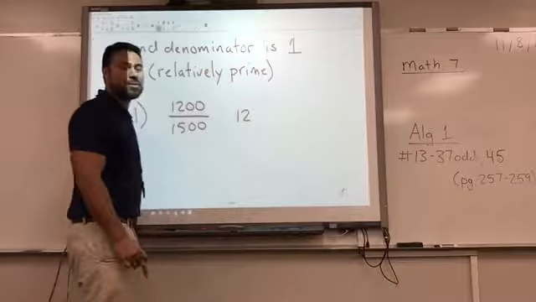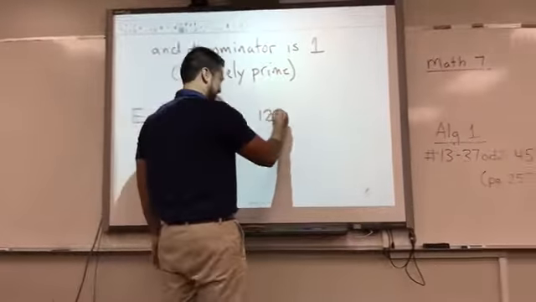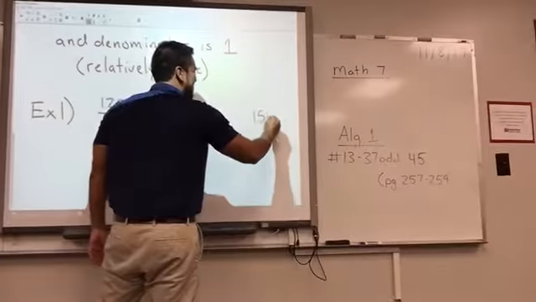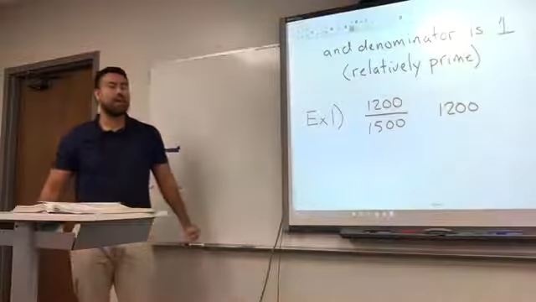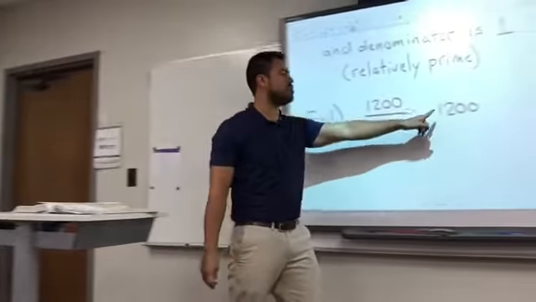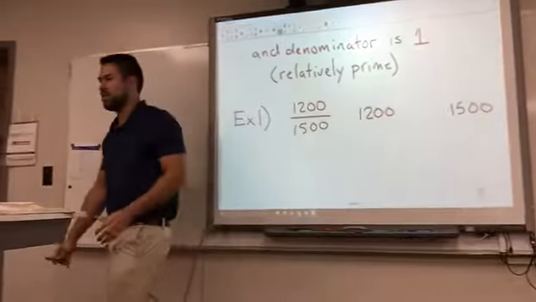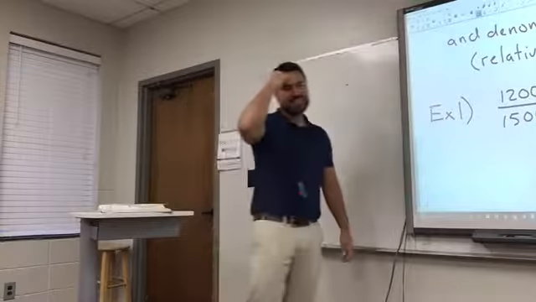I don't know what to do. I'm confused. So don't tell me what to do. Let me figure it out using what I already do know because we taught this the last 2 days. I need you to practice by getting the prime factorization of 1,200 and 1,500. 1,200, that's huge.